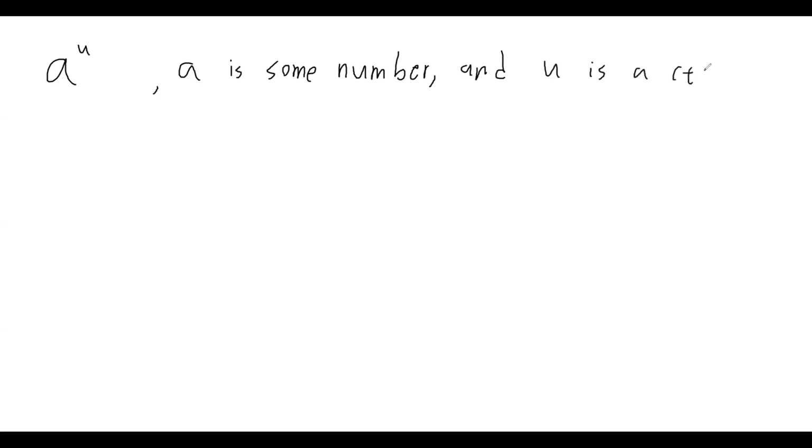Now, what if we're working with an exponential expression that does not have e as the base? Let's say we have a to the u, where a is some number, and u is a continuous function of x, right?